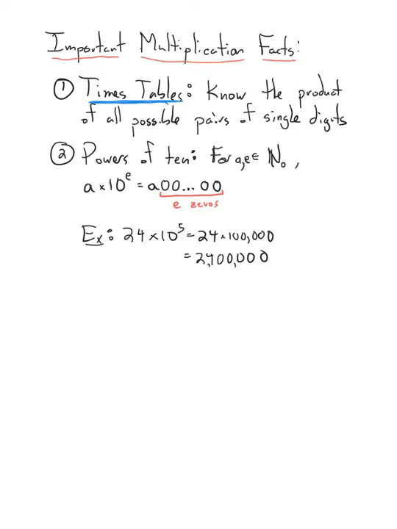I don't want to belabor this too much. I think that's pretty intuitive, and I think everybody understands why that is the case. So between knowing your times tables, knowing powers of 10, and understanding the distributive property, the algorithms for multiplication are going to be really easy.